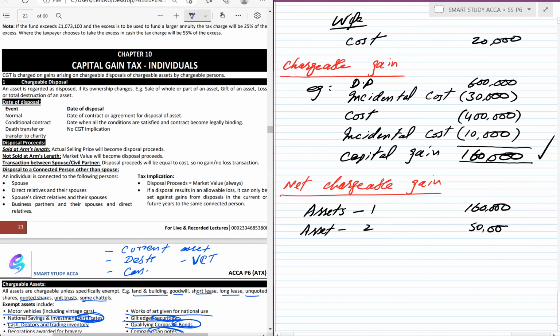So our net chargeable gain is £110,000, and CGT implications will arise on this net chargeable gain. Students, if you have any question, you can ask.